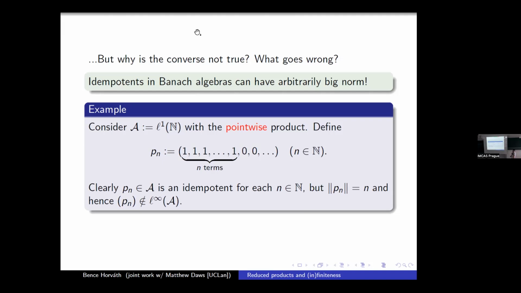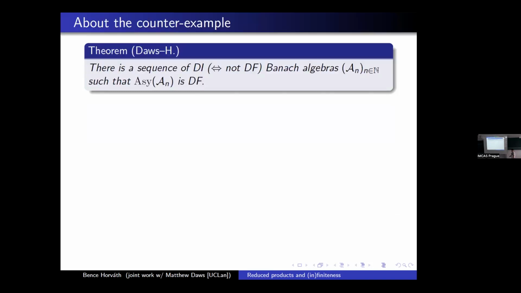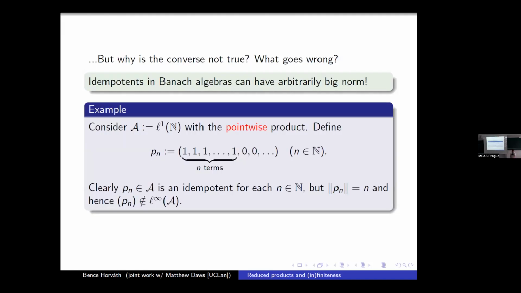That's the problem: you may not have norm control when you try to collect your idempotents together. In these two algebras, idempotents could have arbitrarily large norms. The projections will all have norm one, and you can always work with projections, which is what I tried to establish in the early slides. Sorry, maybe I rushed through that. Direct finiteness and these things, the definition is equivalent to stating them with projections. When you lift and collect these together, they all have norm one, so in the supremum norm they will also be bounded.